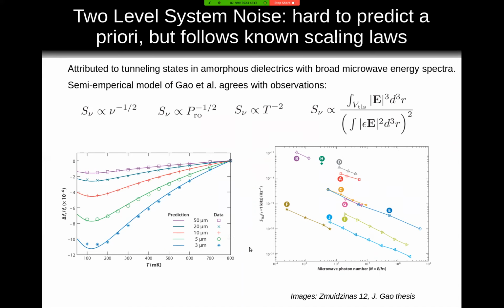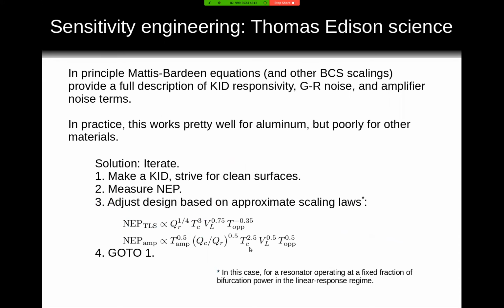So you have to do a lot of geometry to figure out what you would expect. But the basic conclusion is that, first of all, it's hard to predict from first principles. So you need to make one and then test it. And then the goal is to make surfaces clean, measure it, and then lower the electric field, increase the amount of power to the extent you can.